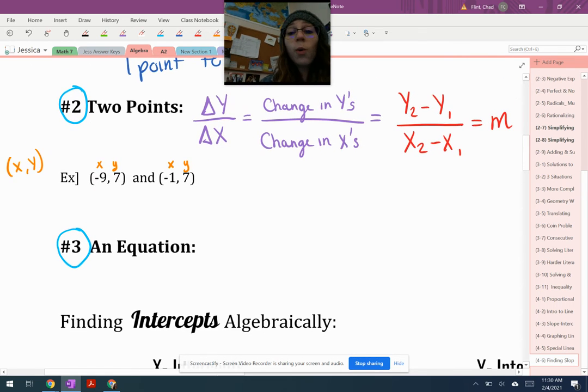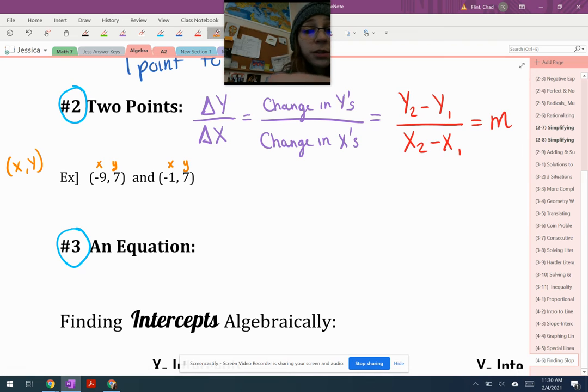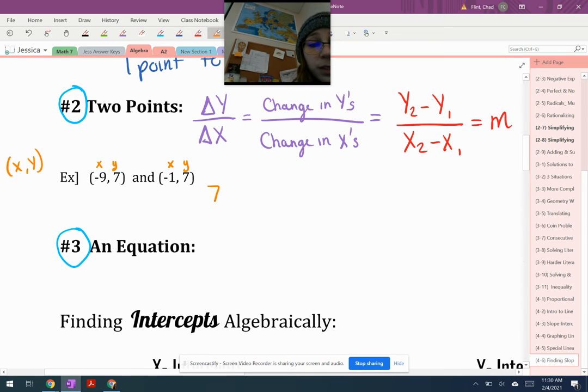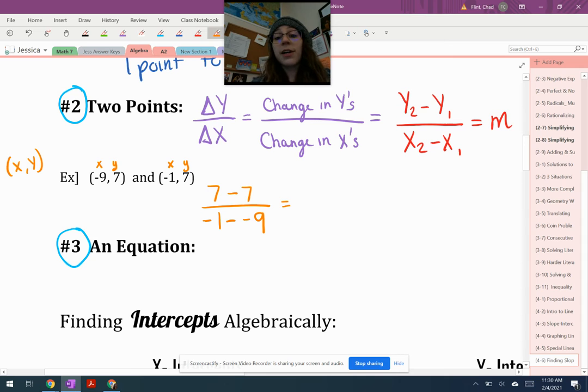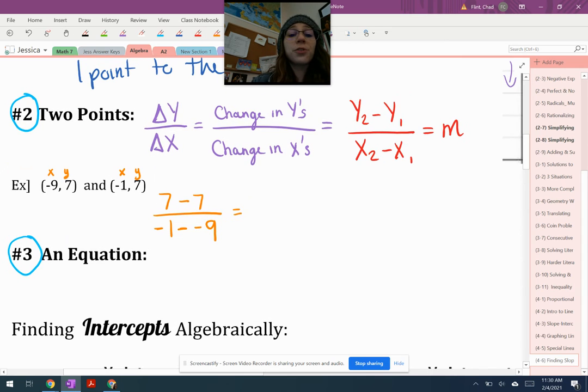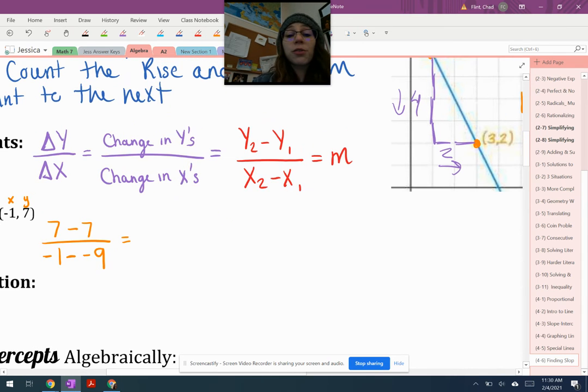So I want y2 minus y1. So 7 minus 7. Negative 1 minus, again I'm keeping that minus, but then also keeping that negative 9, ending up with those double negatives. It's important when you're doing this that you make sure that your points line up vertically.